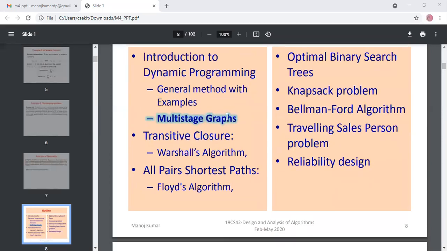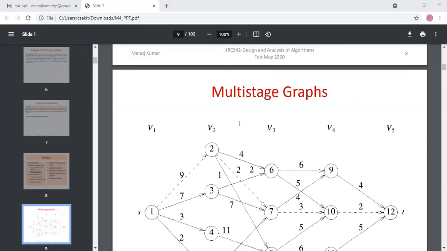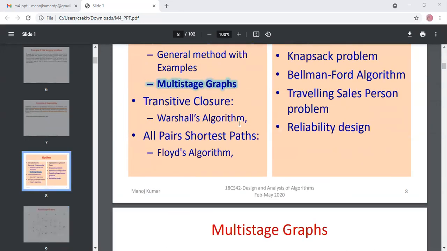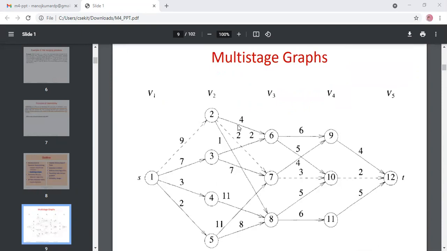Now you come for the next topic, that is multi-stage graphs. So how many stages are you having?